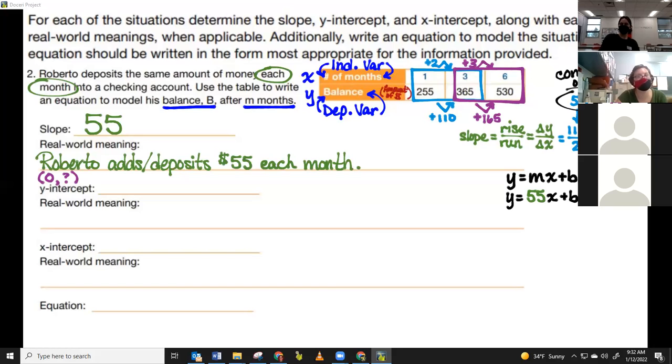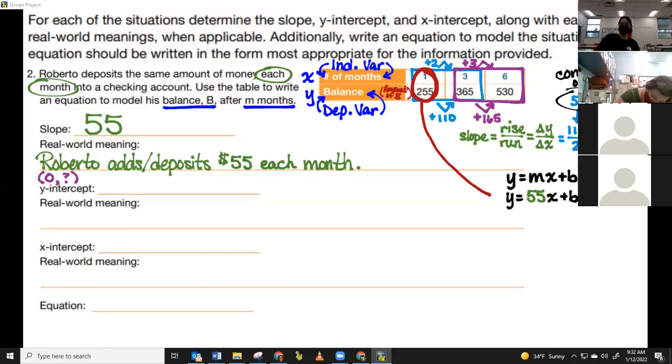Which ordered pair off the table do you guys want to use? We can pick the first one, the middle one, or the last one. First one sounds good. Okay, so we're going to use this right here.